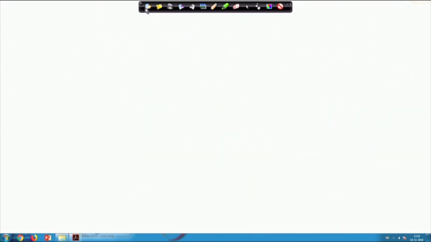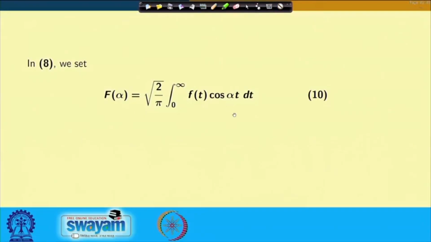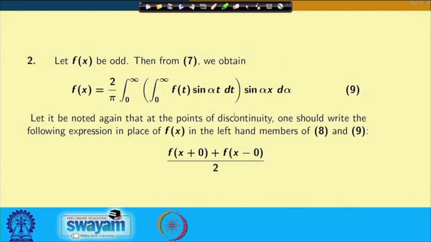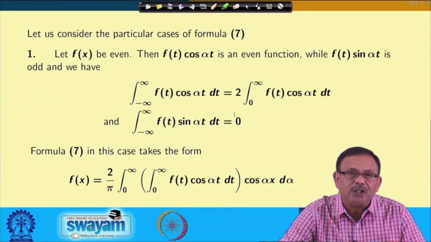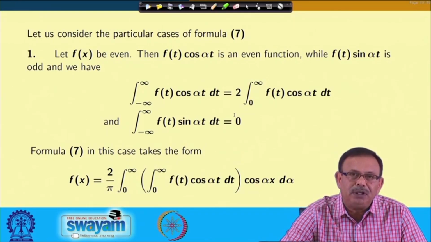Let me go back to the slides. Equation 8 was f(x) equals 2 by pi, integral from 0 to infinity of f(t) cos(alpha t) dt, into cos(alpha x) d alpha.